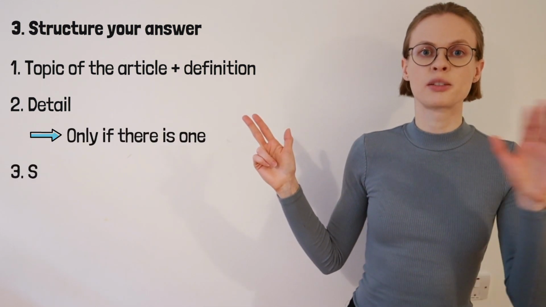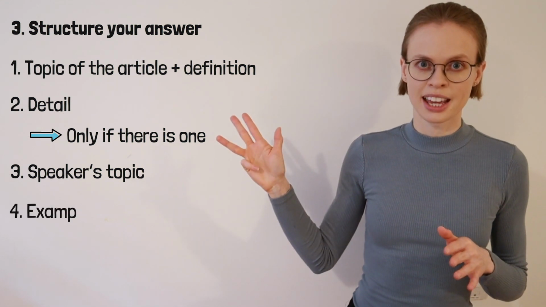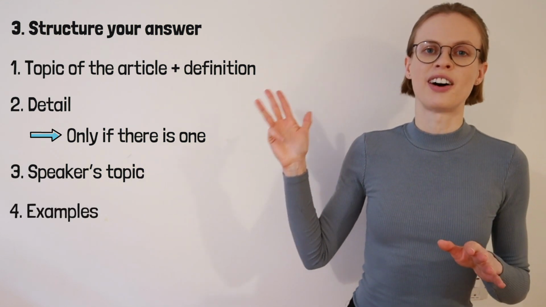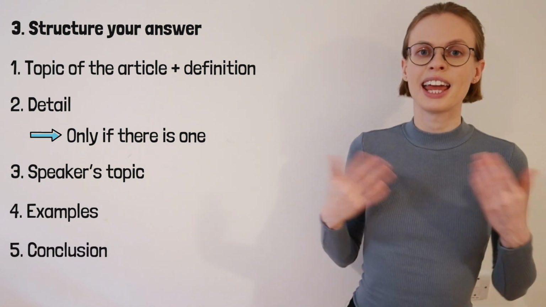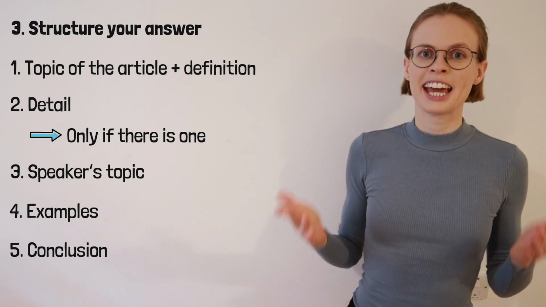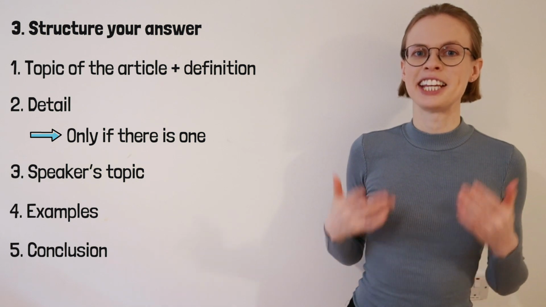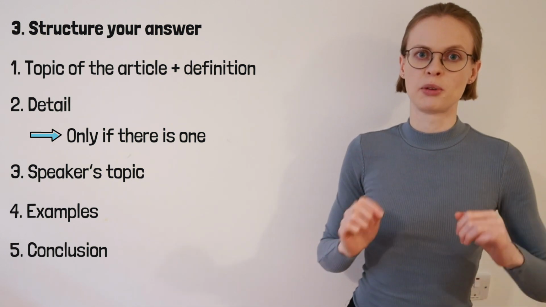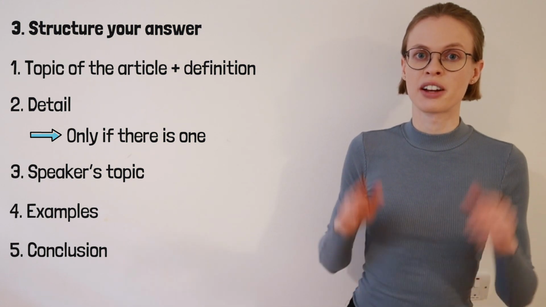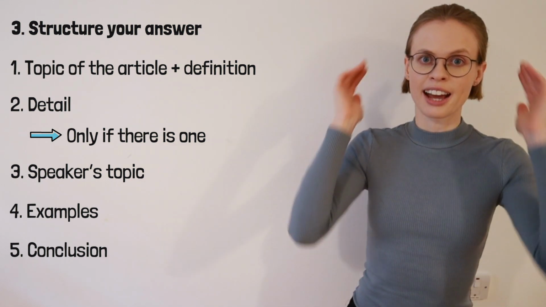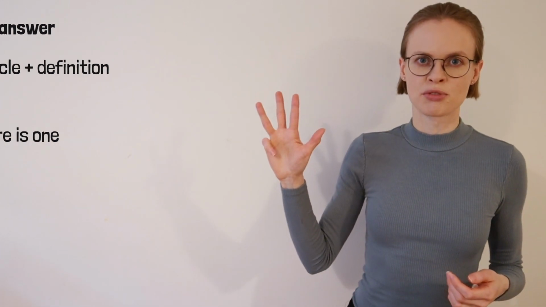Then you talk about the speaker's topic and you talk about the speaker's examples. And in the end, you provide a conclusion. You can find exactly this structure in my TOEFL speaking template. And by the way, this is one reason why a speaking template is so amazing. If you memorize the speaking template before taking the TOEFL, you will have this structure in your head and you won't forget it.